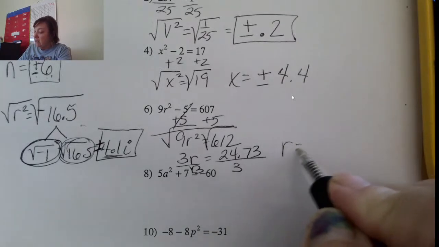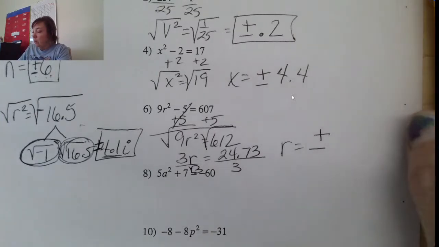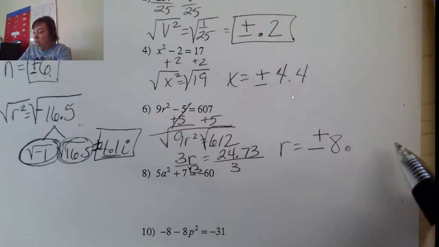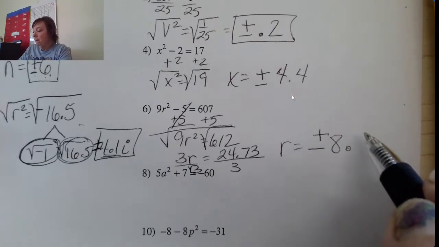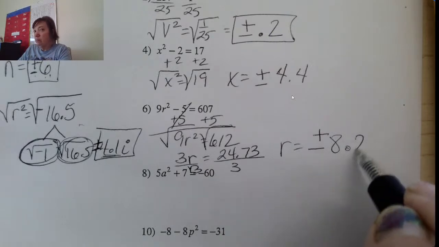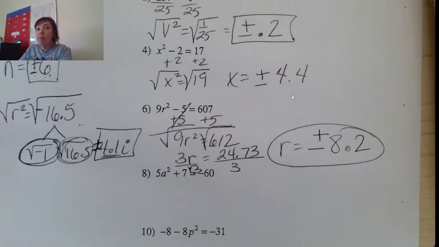But remember, it does have to be positive or negative. So 8 point what? Go to the nearest tenth. 8.2. I'm going to assume the 6 runs up to 4, and that runs up to the... No, you only look at the one right after it.